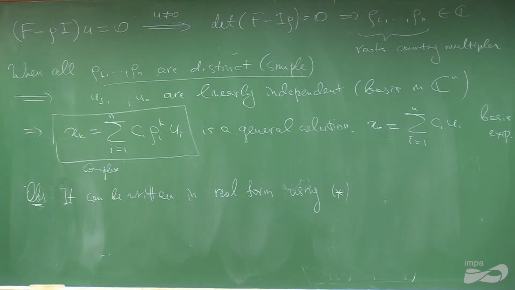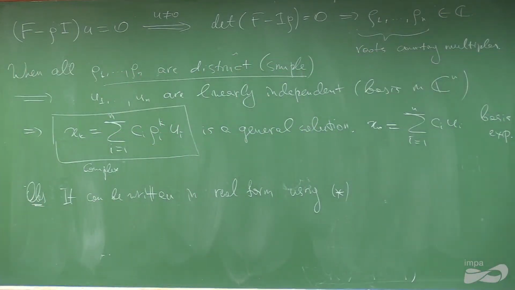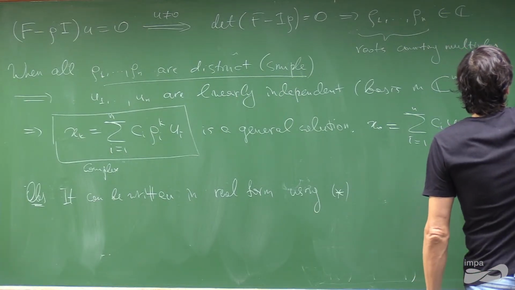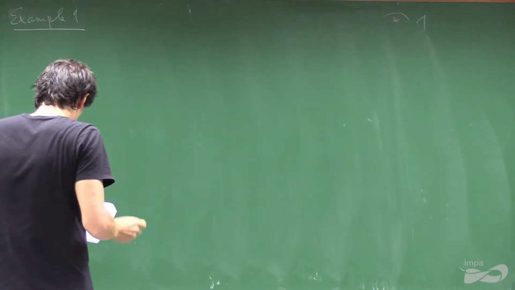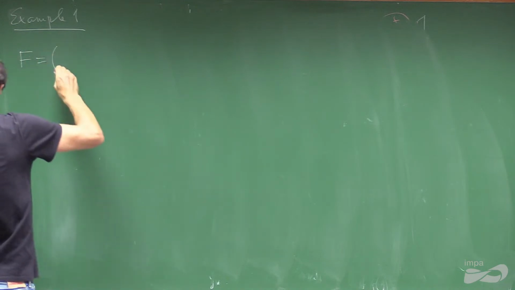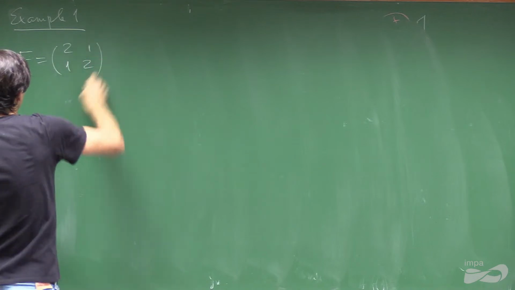So let's take a couple of examples. Consider example 1: a function f to be a matrix 2, 1, 1, 2. That's a simple matrix.